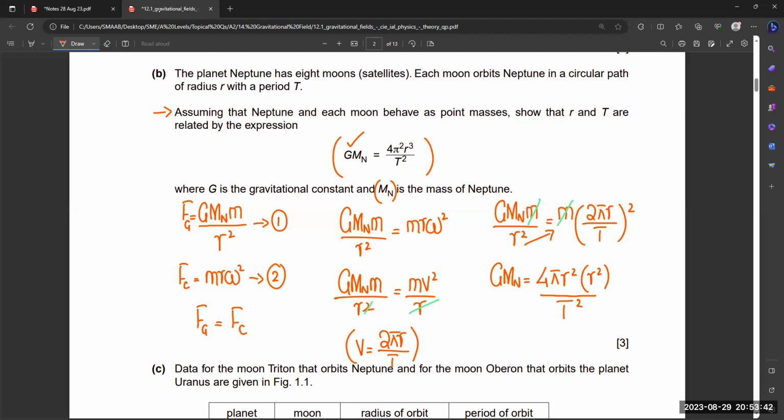Sorry, 1 r over there, because we cancelled out 1 r over here. So now your final equation, you will get the same equation, right? Clear? Yes. So in this way you can see that we take the same reference, we only need to substitute the value of v.